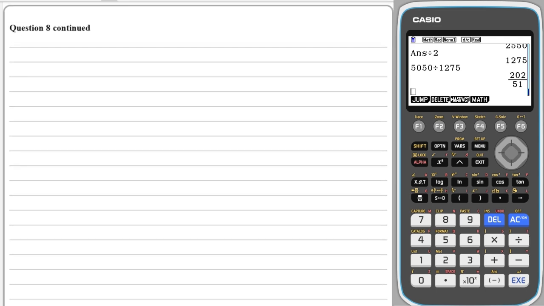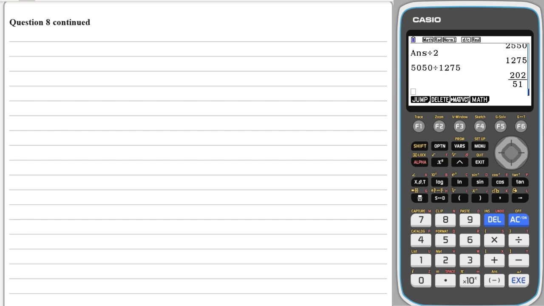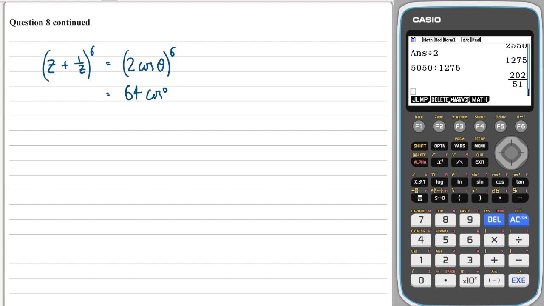So let me get some space down here, and we'll start by writing that z plus 1 over z to the power of 6 is equal to 2 cos theta to the power of 6, which is equal to 64 cos to the power of 6 theta.